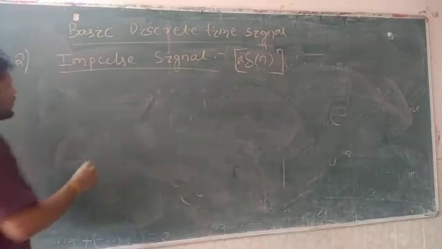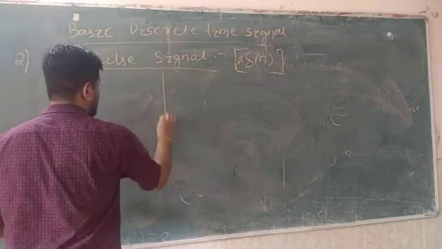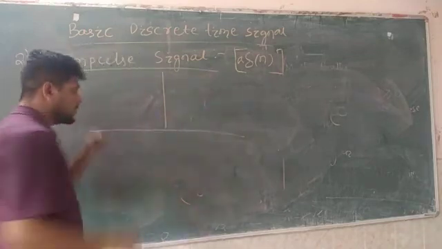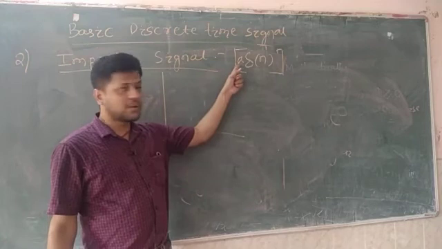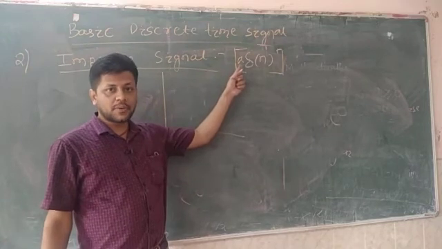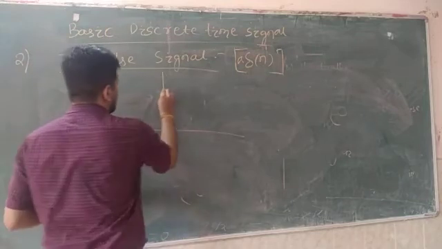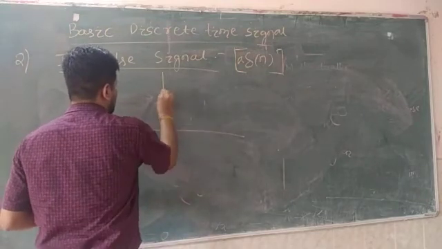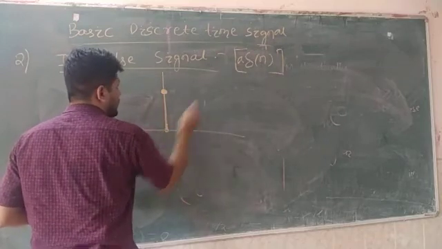So how to represent this impulse graphically? I am drawing like this. In case of step signal, remember, this A represents height; here the A represents area. So what is the height here?